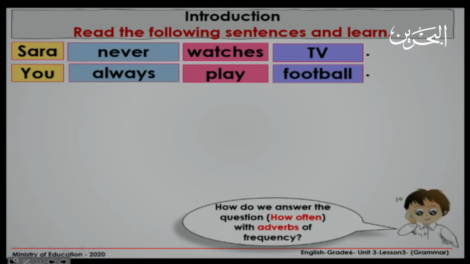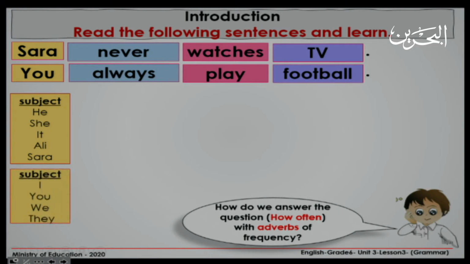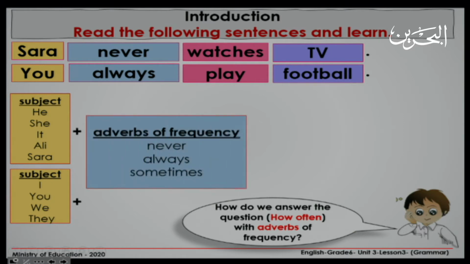So how do we answer the question, how often, with adverbs of frequency? You start with the subject like he, she, it, Ali, Sarah. Or you can say I, you, we, and they, plus the adverbs of frequency, plus the verb or the main verb.